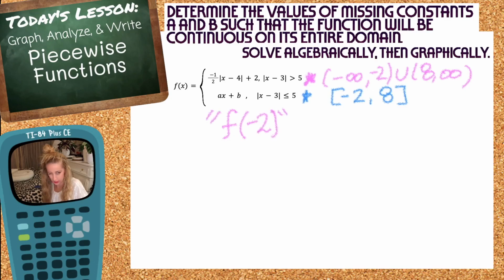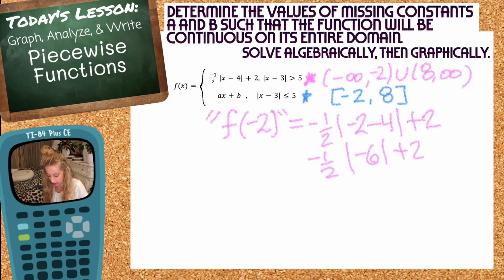It's not true because we're plugging it into the top equation. I'm putting little quotes around it because really if I were doing f of -2, I would fill it into the bottom equation, which I'm trying to solve for. Hopefully that makes sense. -1/2 absolute value of -2 minus 4, plus 2. So that's -1/2 absolute value of -6, plus 2.